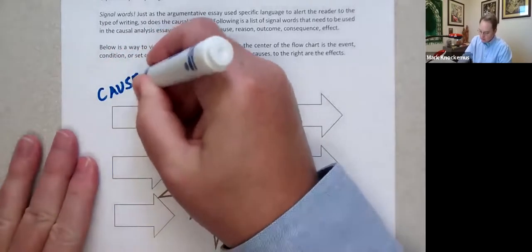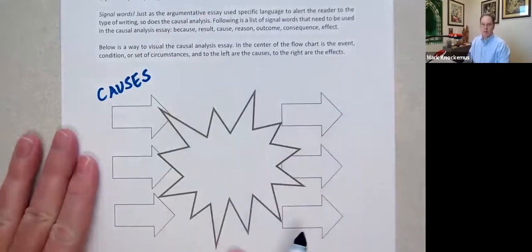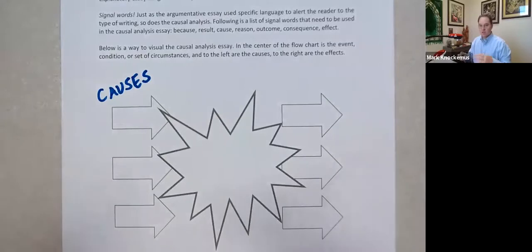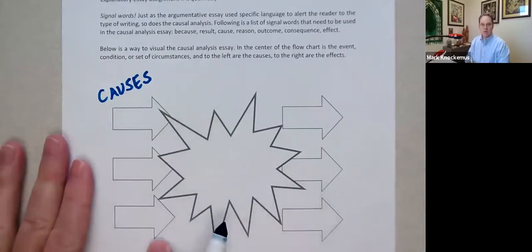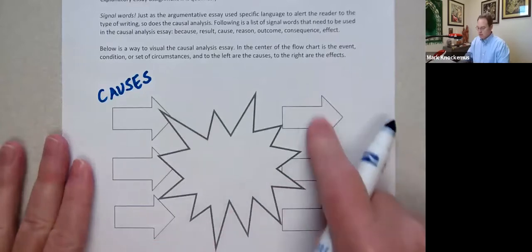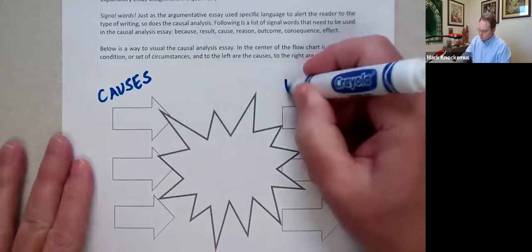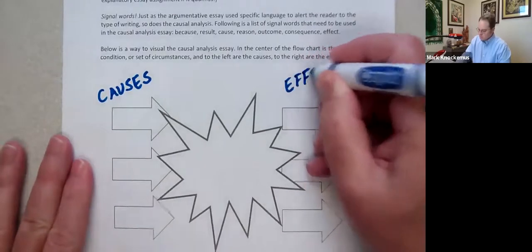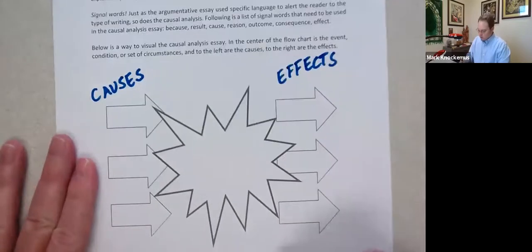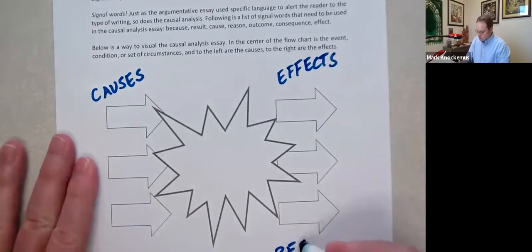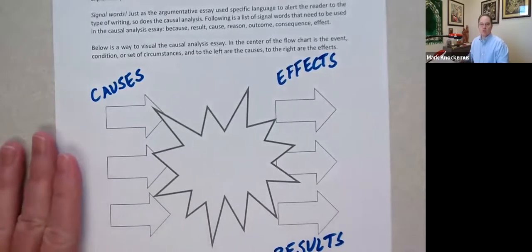Then what we want to do is examine, so the arrows here would represent the causes, because when something happens, it just doesn't boom like that. Things lead into its cause. Then we have this side over here, which are the effects, or we could use the synonym, the results.